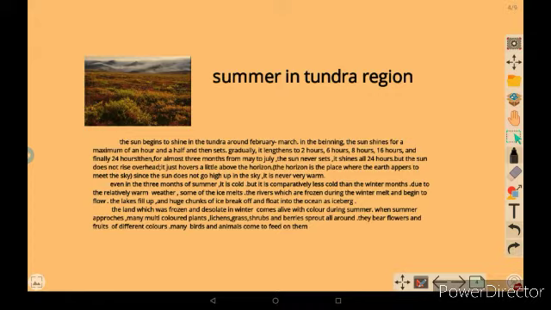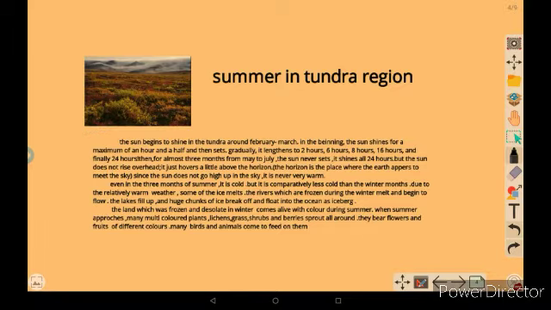The land which was frozen and more icy in the winter, comes alive with colour during summer, as you can see here, colourful during the summer.